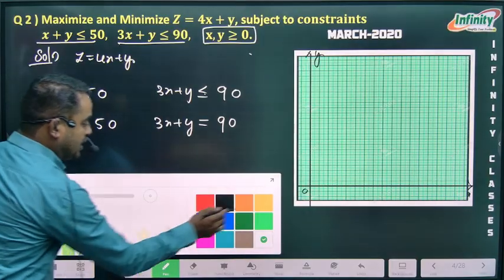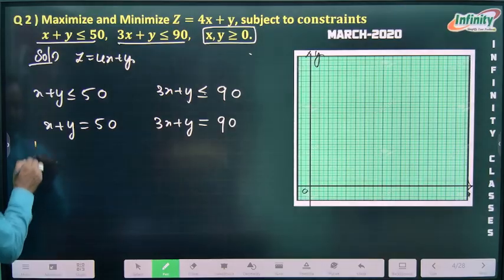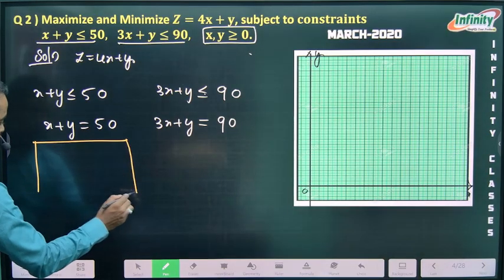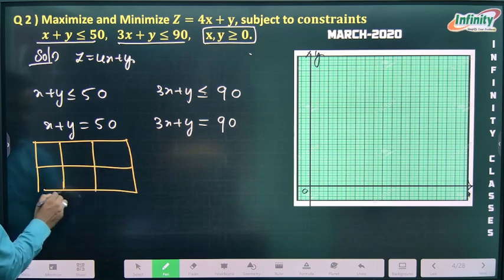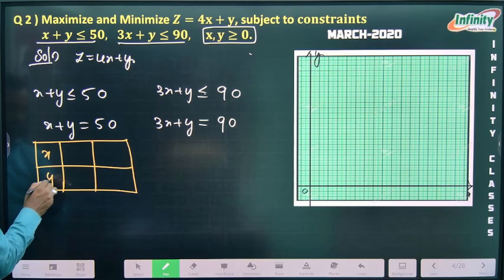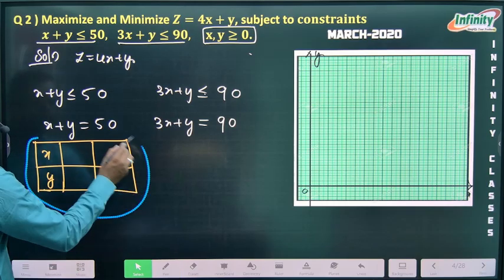To find the coordinates, let us draw the coordinate table here and find the coordinates for x and y, and the same for the other one.